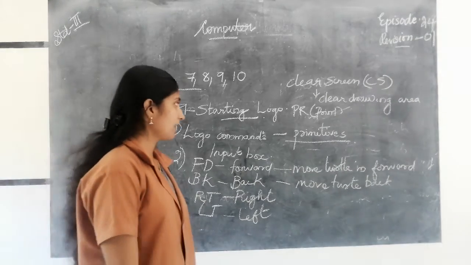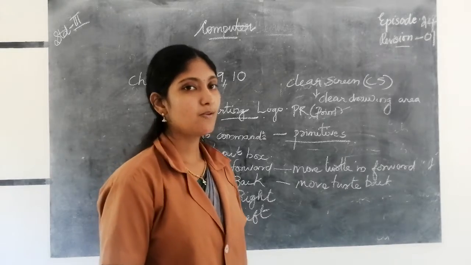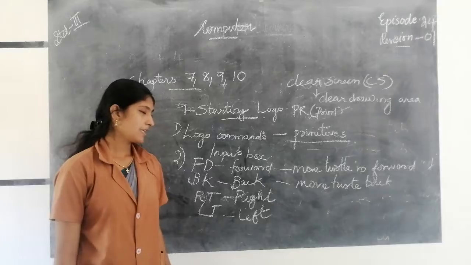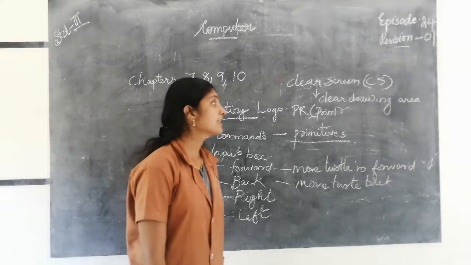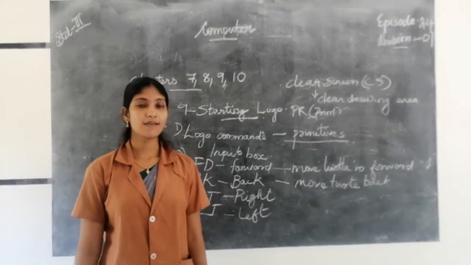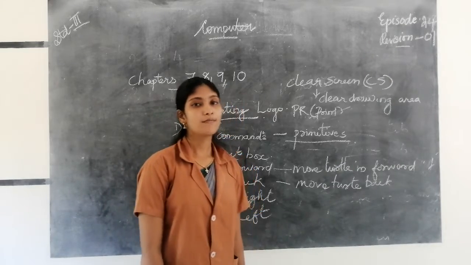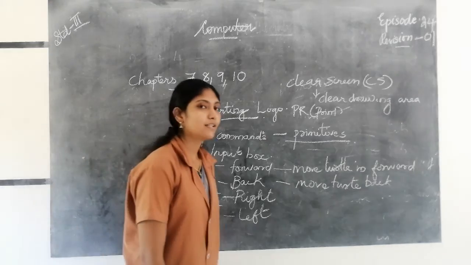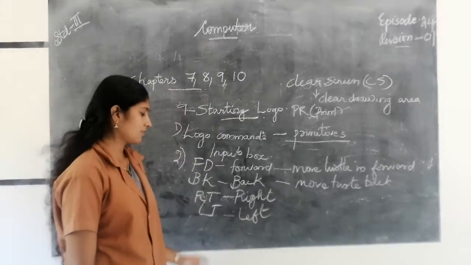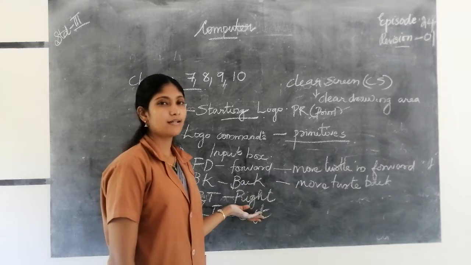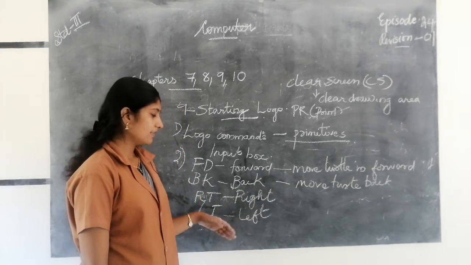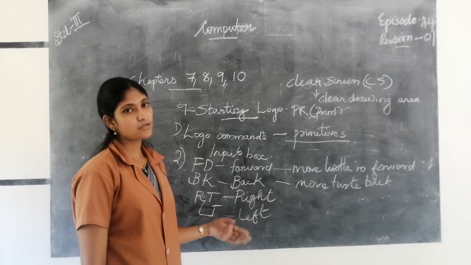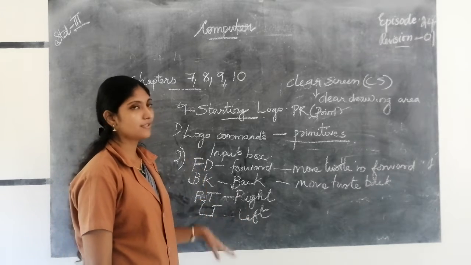So primitive means logo commands are also known as primitives. FD, BK, RT, LT, CS, PR, these are the commands. FD means forward, moving in the forward direction by the required steps. BK means to move the turtle in the backward direction with the number of steps. RT means to turn to the right direction with an angle, and similarly, LT is the command used to turn the turtle to the left side with an angle.